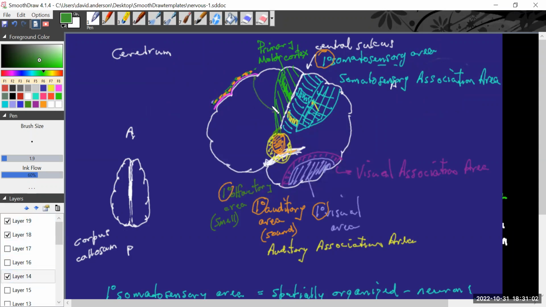Kind of in this area right here, that would be the premotor cortex. And then right up in the front here, let's give it a different color. That's called the prefrontal.